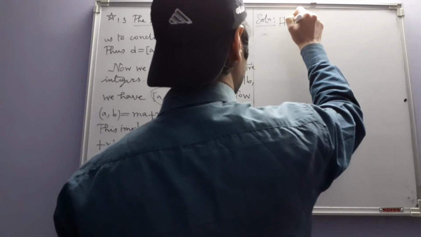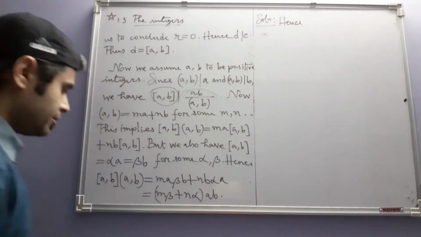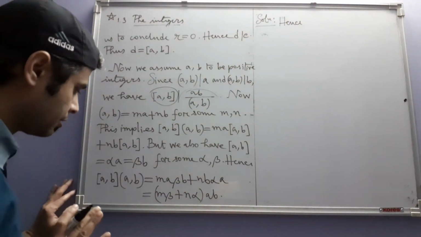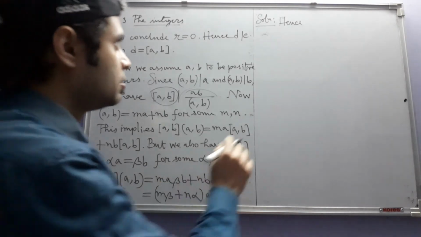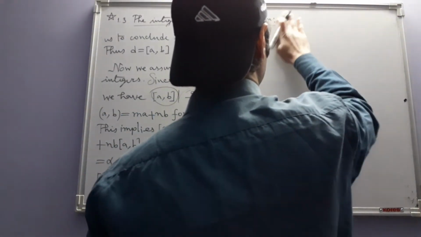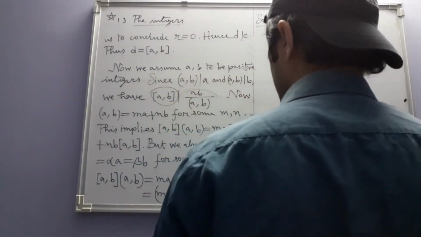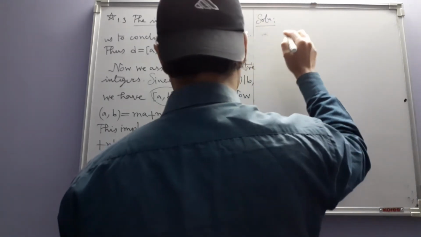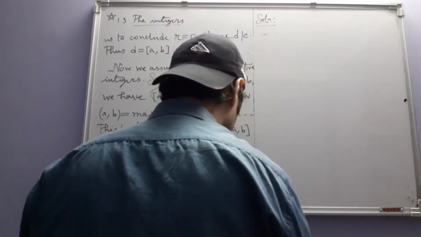Hence, AB divides this product, but that's not what I want. Wait. Or I can rearrange this slightly differently. Let me continue.